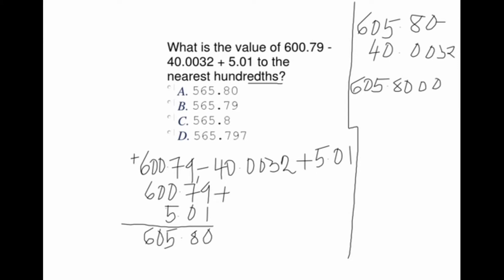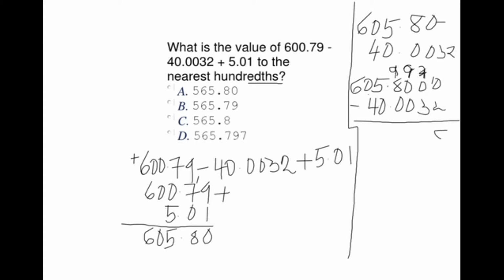We know that zeros after the decimal don't have a value, so minus 40.0032. So we borrow from here, this will be 7, this is 9, this is 9, 9, 9, this is 10 after borrowing.